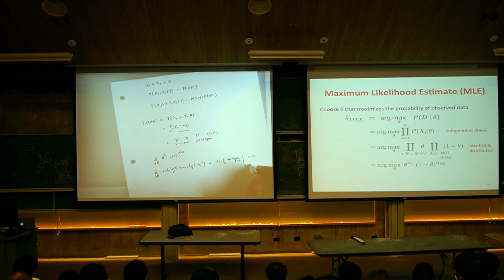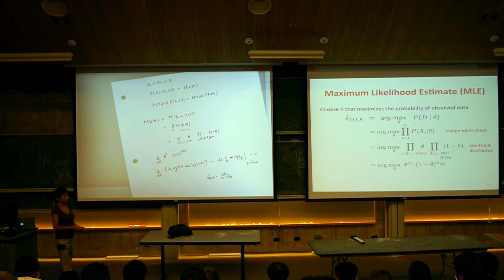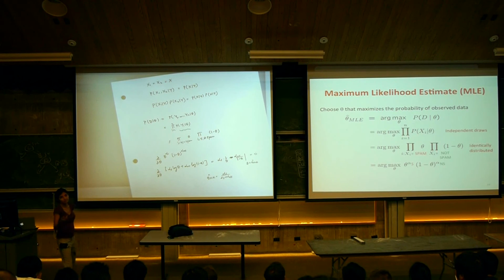When theta is theta hat MLE, the maximizer, it's equal to 0. So we solve alpha S over theta equal to alpha NS over 1 minus theta, and you end up with nothing but the relative count. It's saying how many emails are spam, divided by the number of spam and non-spam emails, which is the total number of emails. So you just end up with the relative counts.